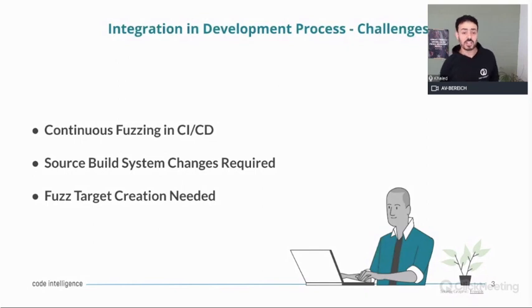The second challenge is the changes that they had to make to their build system. In order to use feedback-based fuzzing, we need to instrument the code. For this, we need to use special compilers and special compiler options, and this set of options is different for each fuzzing engine.